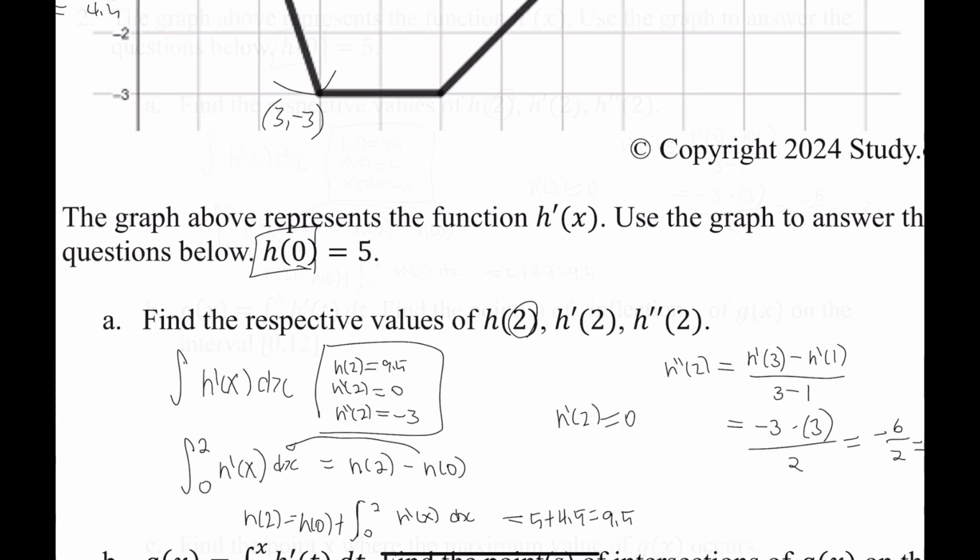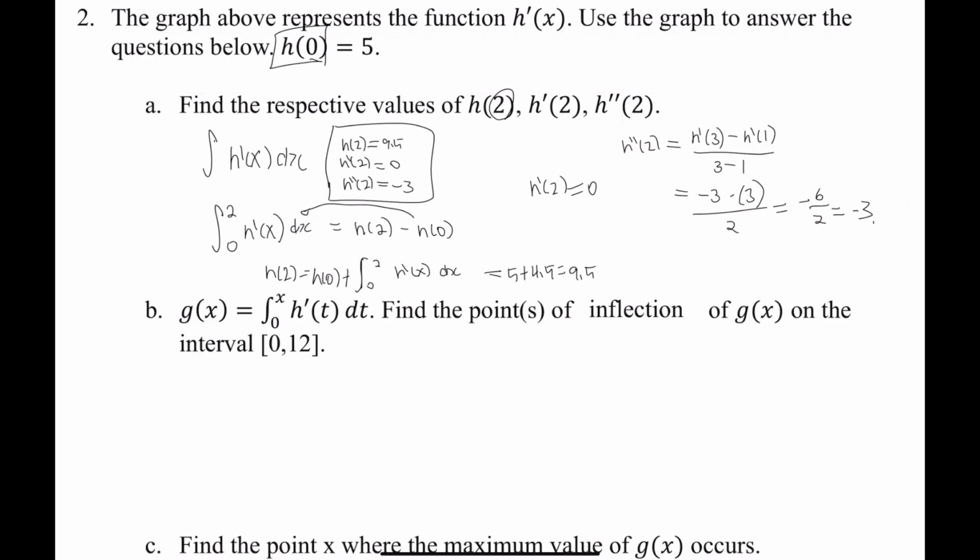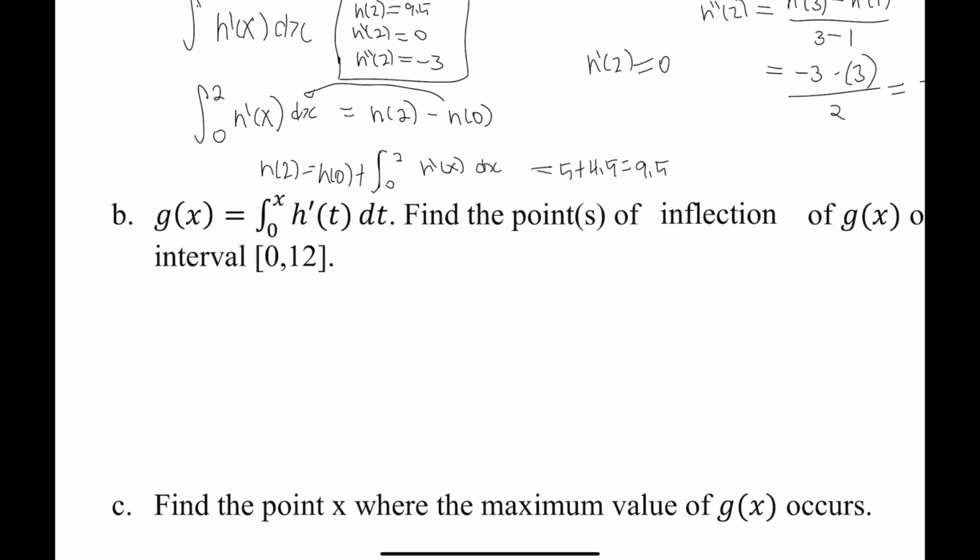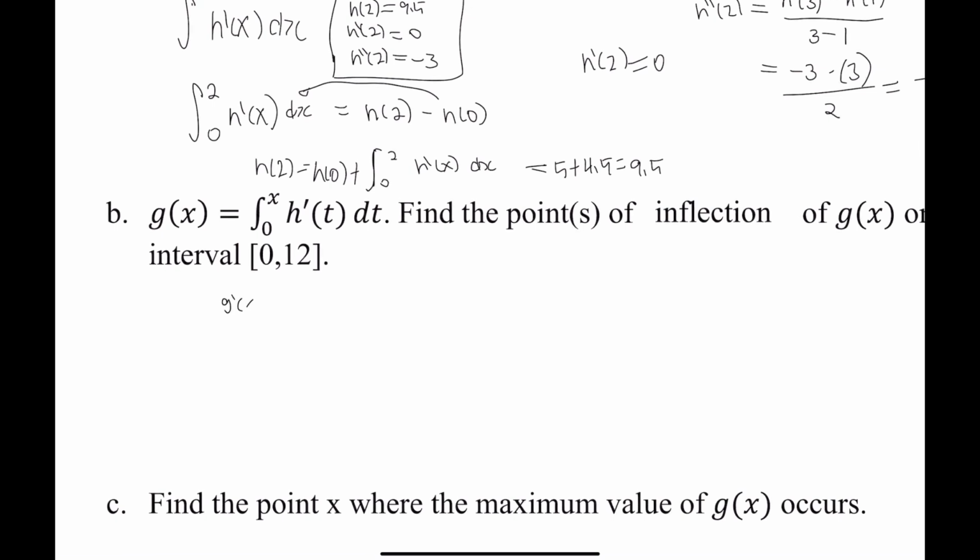Okay. And it says g of x equals the integral from 0 to x of h prime t dt, and then find the points of inflection of g of x on the interval 0 to 12. Okay, so this is going to be pretty similar to what we did before. So taking the derivative of an integral, you're putting the x into the inside function, so you're going to be left with h prime of x, right?